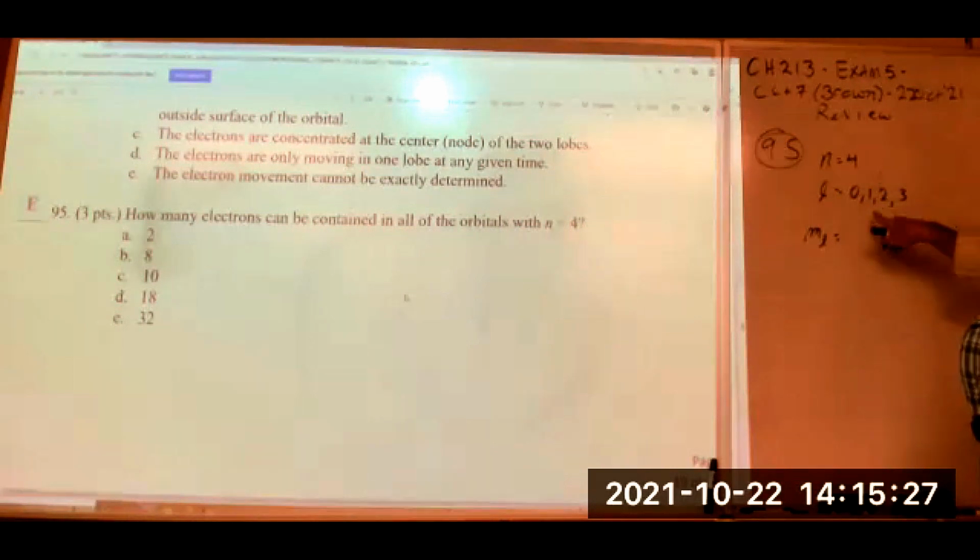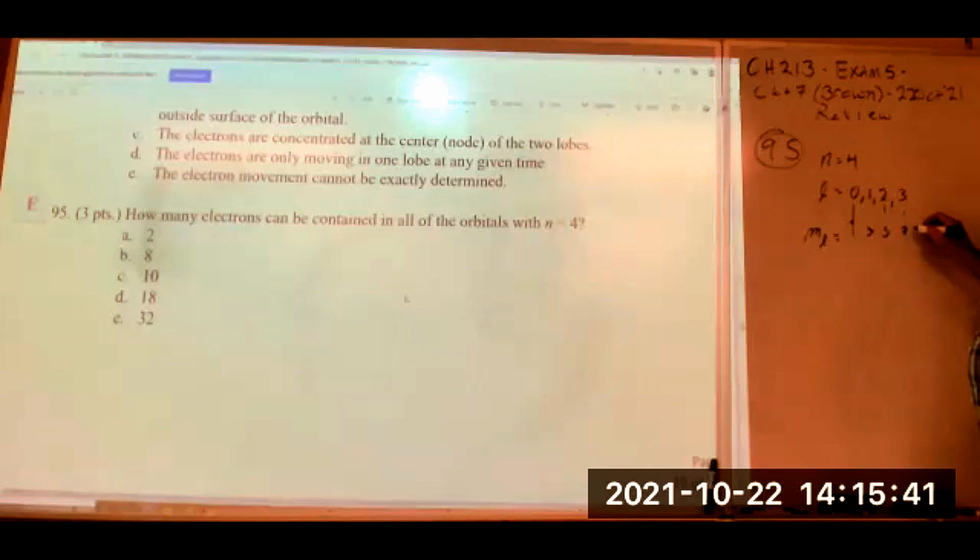Now, underneath this one, we can have these, and then each one of these can have: this one 1, this one 3, this one 5, and this one 7. S, P, D, F. F can have 7, D can have 5, P can have 3, and S can have 1.